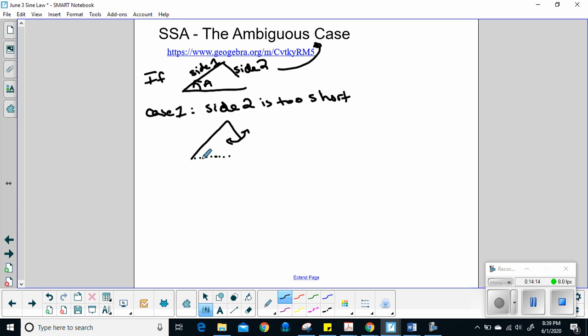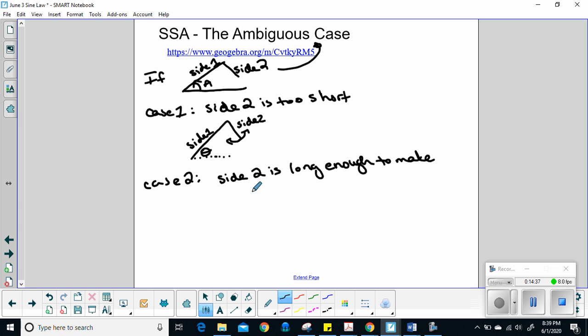So there's my angle that I give you. There's side 1, there's side 2. Case 2, which is what we did in our first example: side 2 is long, so long enough to make two possible triangles.